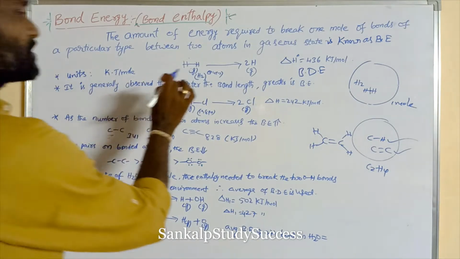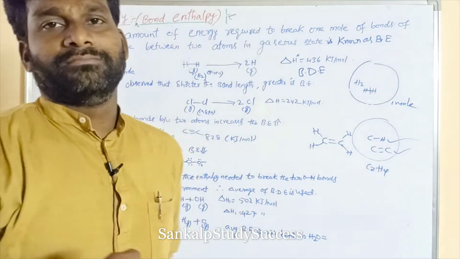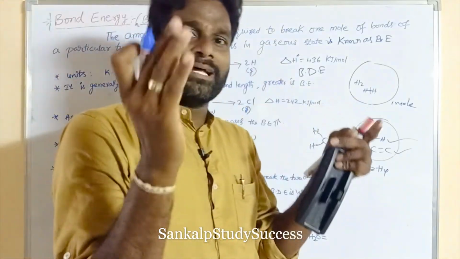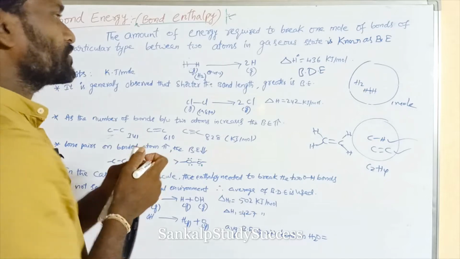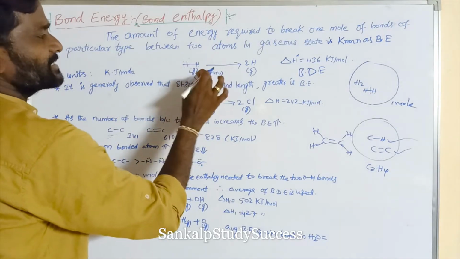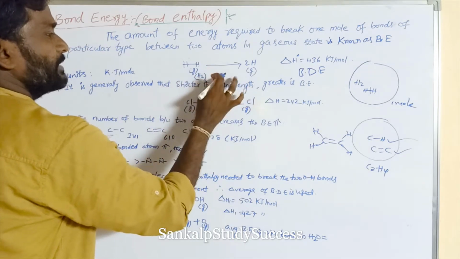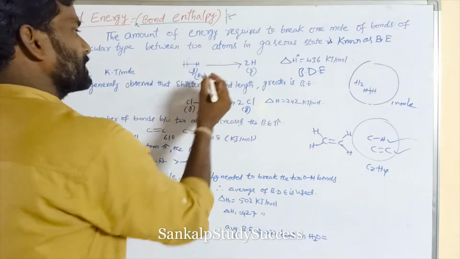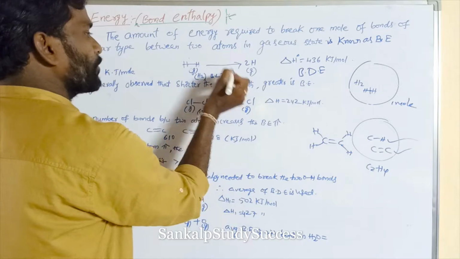Next, it is generally observed that the shorter the bond length, the greater the bond energy. So shorter the bond length, greater the bond dissociation energy. Suppose this is H-H, hydrogen. Its bond length is 74 pm, pm means picometer.